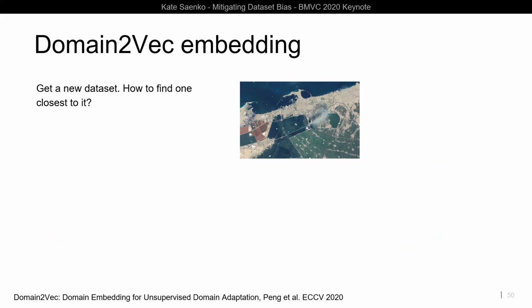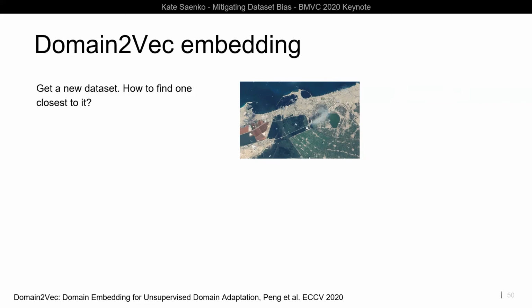So suppose that we get a new data set and we don't have labels on this data set. We want to transfer knowledge from some other data set, but let's say we don't know which data set is the closest. Well, we don't want to manually determine this. So how can we find another data set that has labels that we can transfer knowledge from without manual intervention, just automatically?